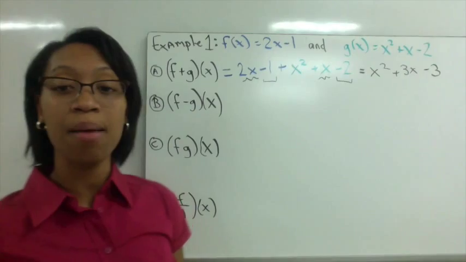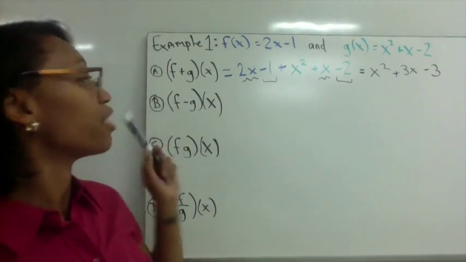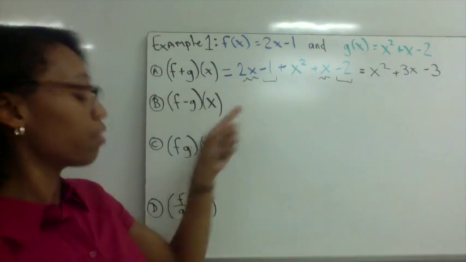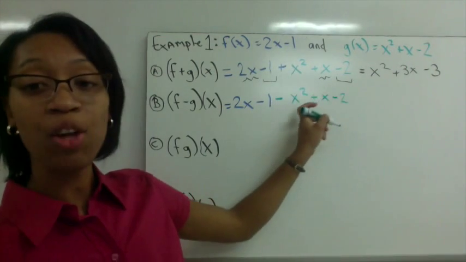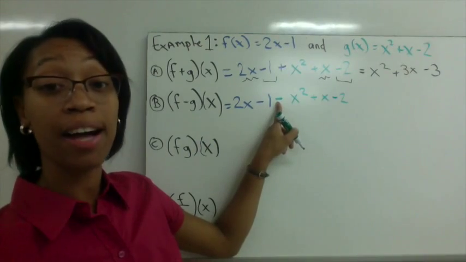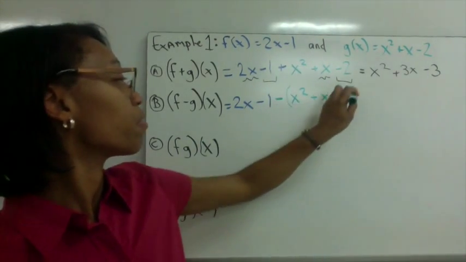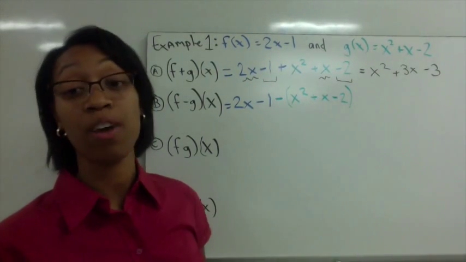Now, let's do the subtraction here. f minus g. Again, we start with f because that's what's first here. Copy down f, and then we are subtracting g. The only thing that's really tricky about this is that we have to subtract all of g. So we need to think of this in parentheses because every part of g needs to be subtracted.